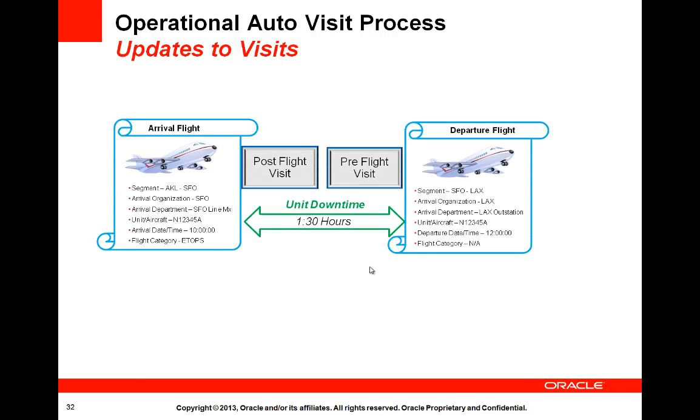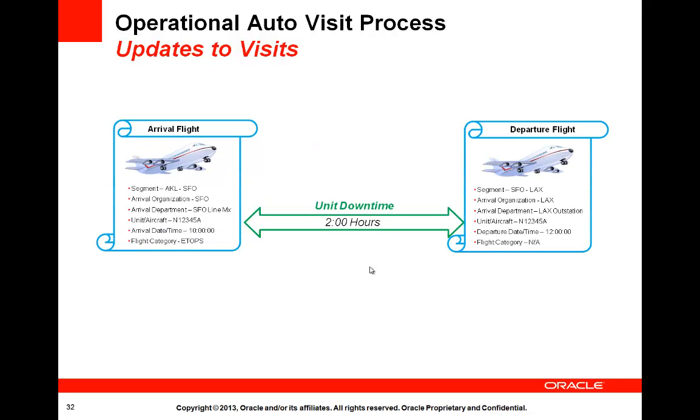Let's look at this a little bit further. So during a unit downtime, we have both the post-flight and pre-flight visit created, and the unit downtime is currently 1 hour and 30 minutes. If a flight schedule change occurs and a unit downtime has now been increased to 2 hours, we'll rerun the process in the update mode and it will evaluate the operational parameters.